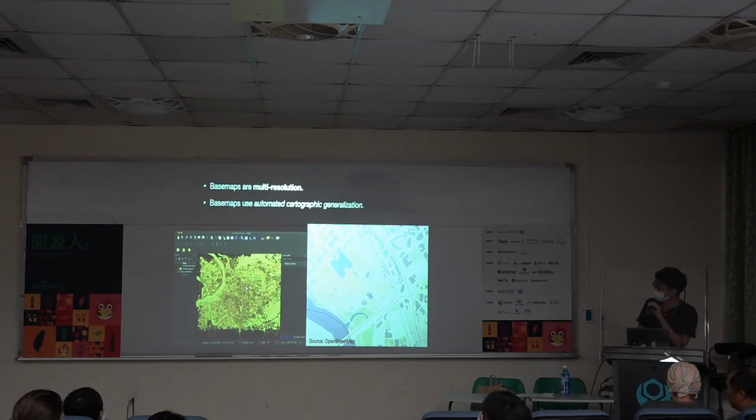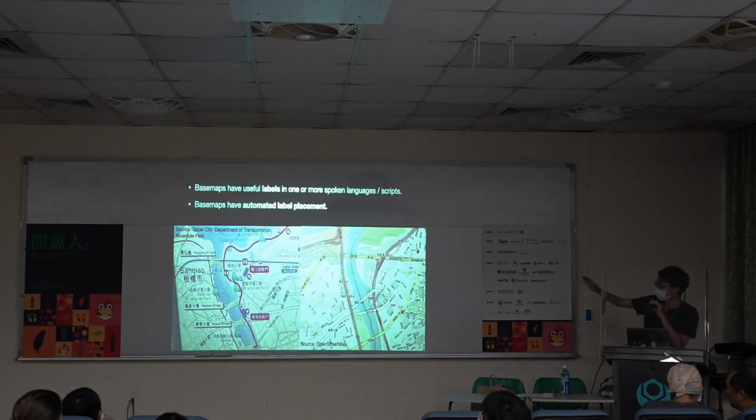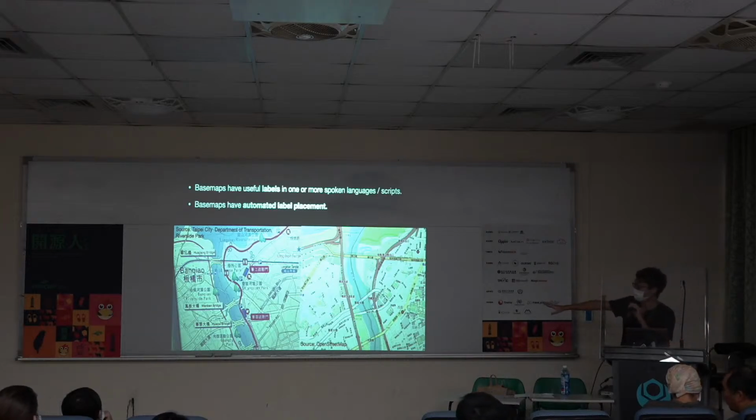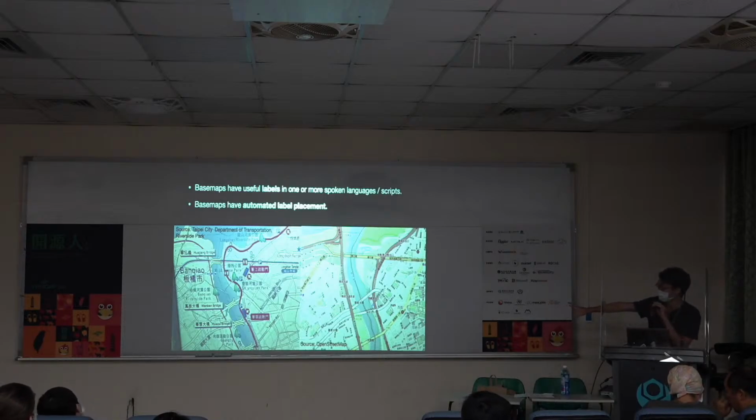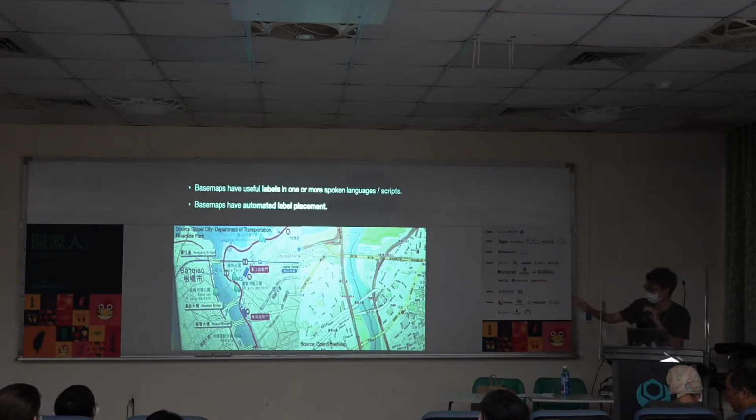So the second feature of base maps is that they have useful labels in one or more languages or scripts. So the thing on the left is a base map, but it has some evidence of manual label placement. This is when I was just running in the park by the river. There's some bridges, and you can see that the label for the bridge is on the left side.